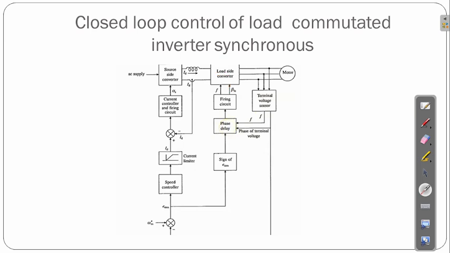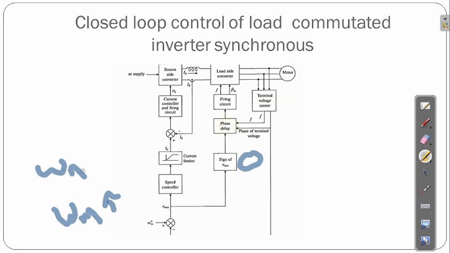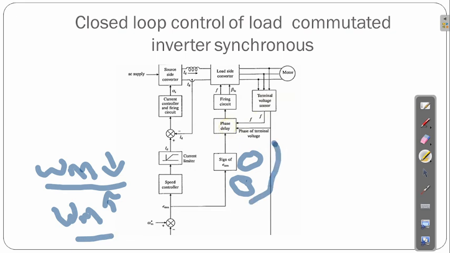Here omega m is called the speed error. If the speed error increases, this omega m increase will have a sign, and if omega m decreases, there is a different sign. Depending upon this omega m increase or decrease, we have the sign of E omega m.